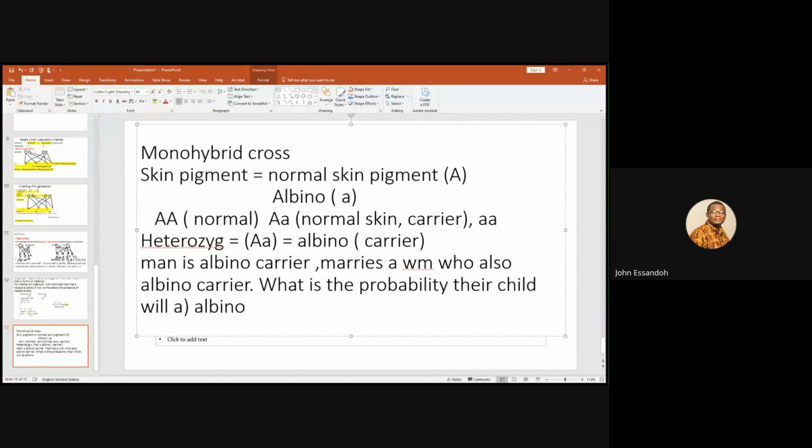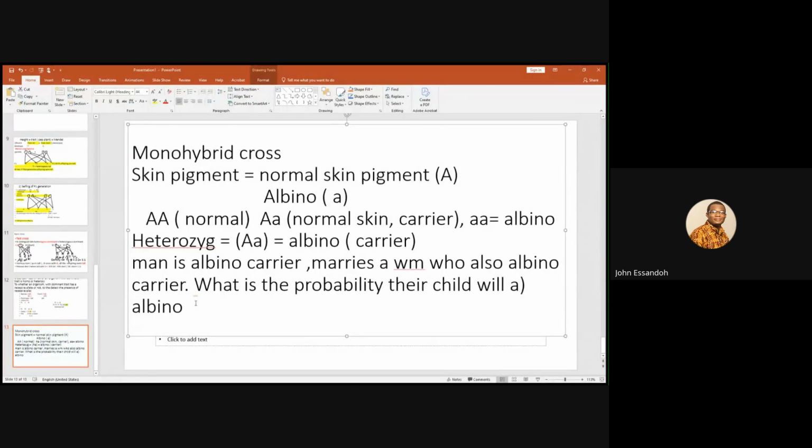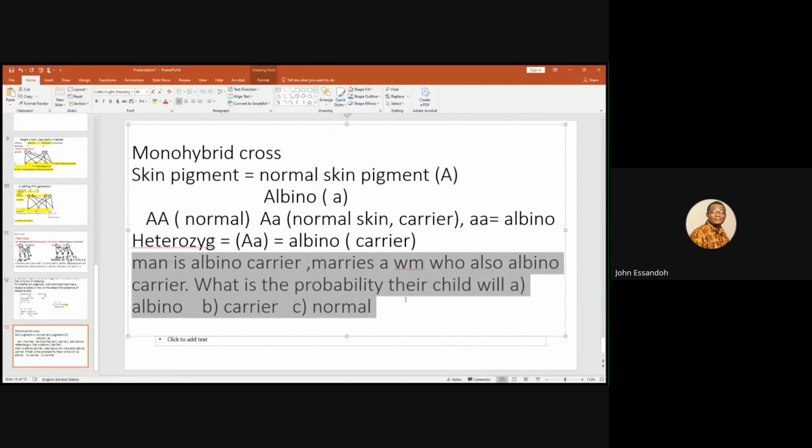And small a small a is albino. Now, what's the probability that the child is albino, carrier, or normal? Let's start working. Let me give you 2 minutes to do this one.